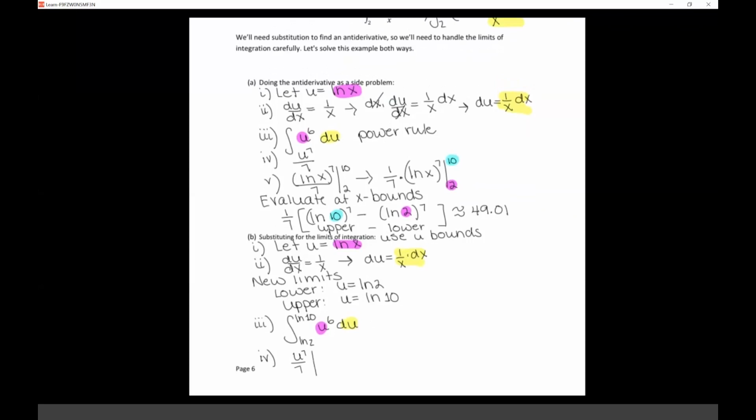And now I'm not substituting x back in. This goes from ln2 to ln10. I just put those values in there. I'm going to pull out the 1/7, so it's a coefficient. And then this just becomes 1/7.